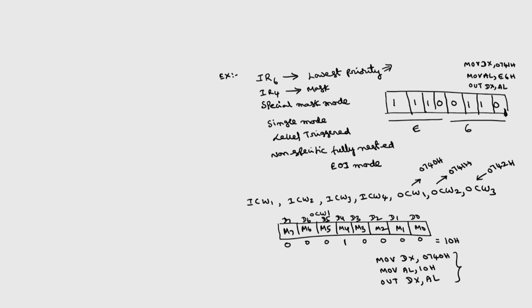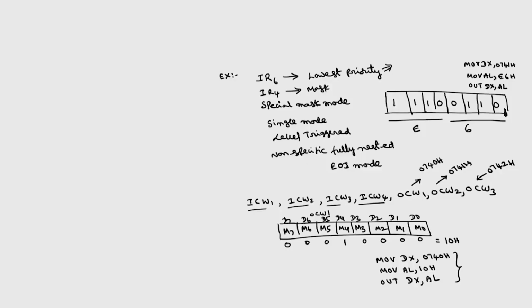So like that we can initialize these registers. Similarly you can take the formats of ICW1, take the corresponding addresses, and take the format based on the specifications. We can generate the hexadecimal equivalents of ICW1, ICW2, ICW3, ICW4, and you can load those values into the corresponding registers by using similar types of instructions.